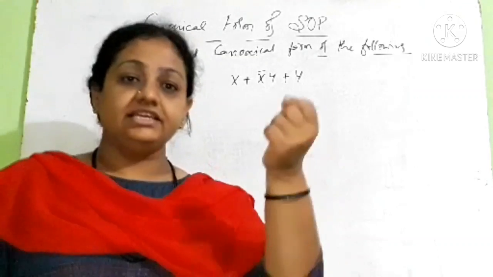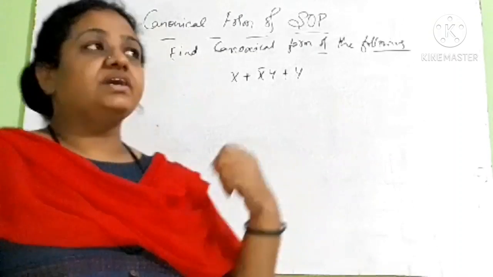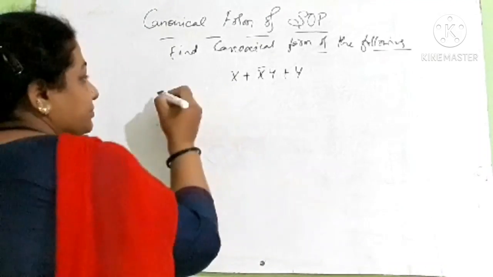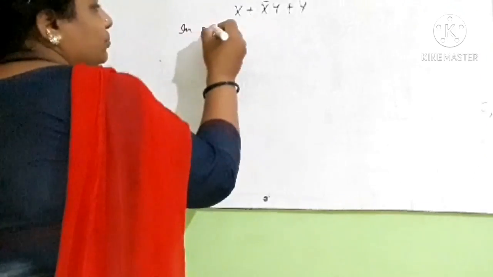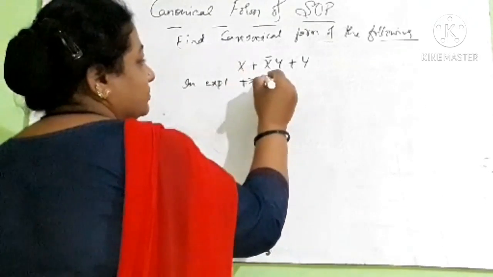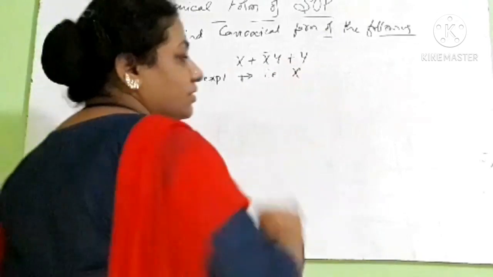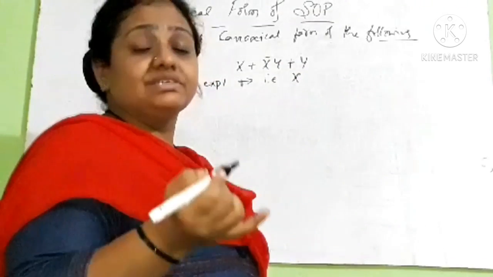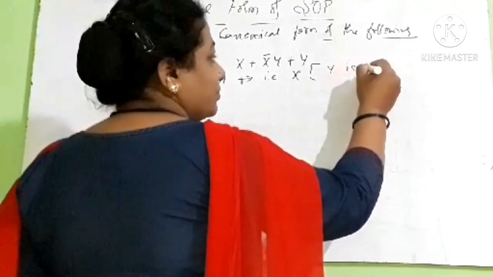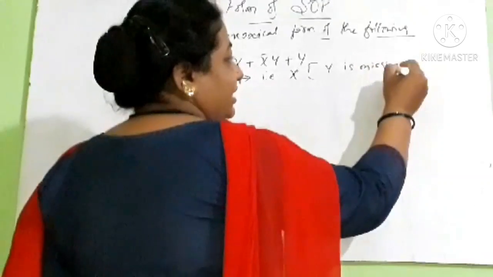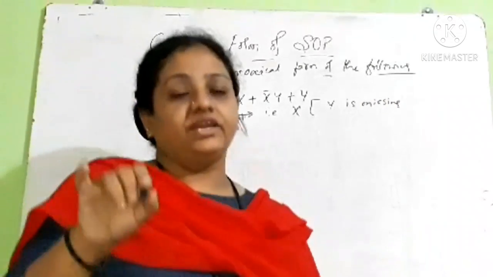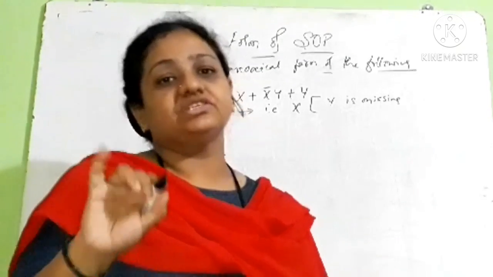Let us take each expression. From the above expression, let me take the first expression, that is x. In expression 1, that is x, y is missing. So we don't have y here. Y can be y bar or y, because y can be 0 or 1.